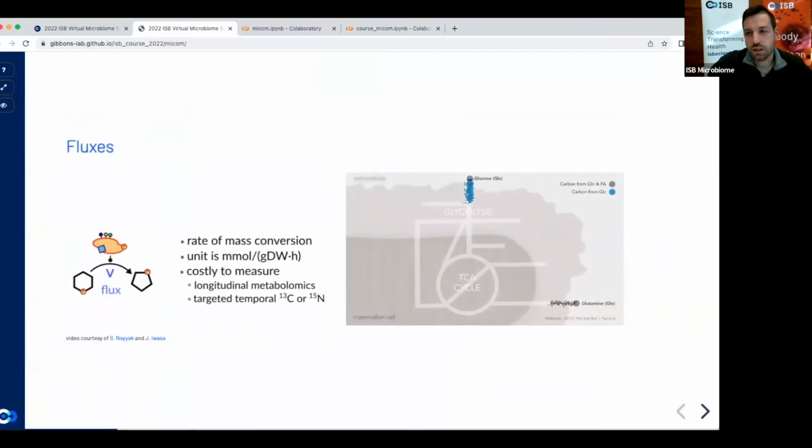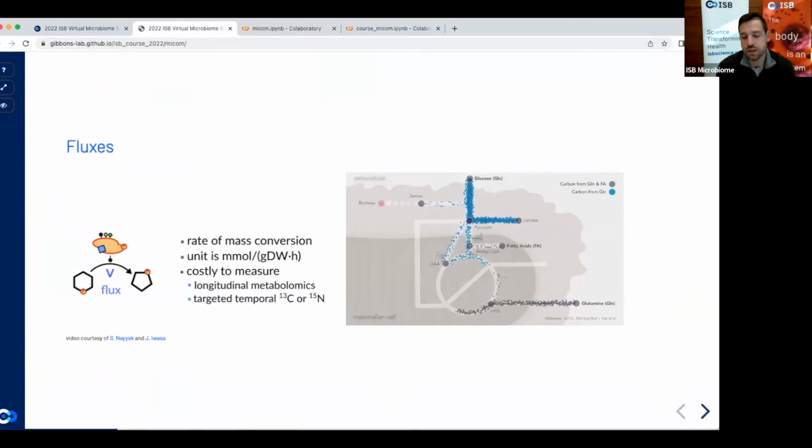Great. So let's talk a little bit about fluxes, what they are and why we care about them. So rather than abundances, which are a measure of concentration, fluxes are a measure of mass conversion into a system and through internal reactions within that system. Since they represent a rate rather than a concentration, fluxes are typically measured in units of concentration per time, for instance, millimoles per hour.